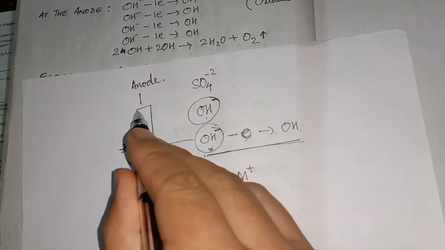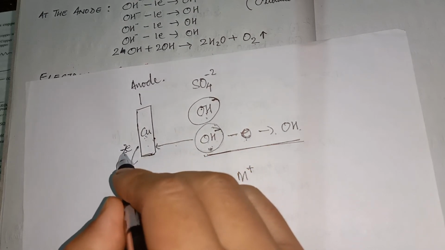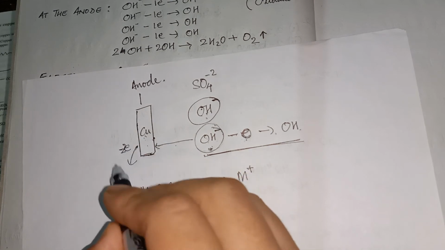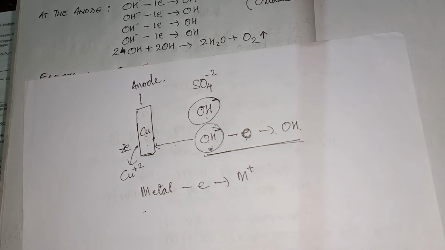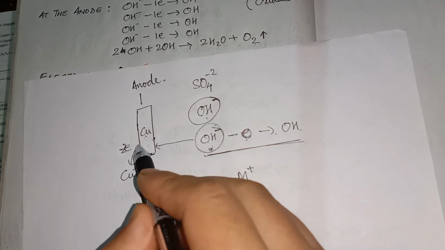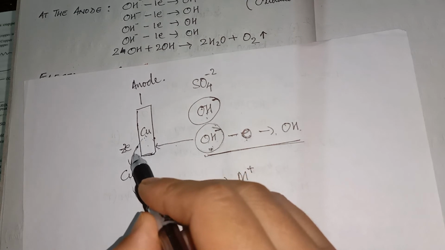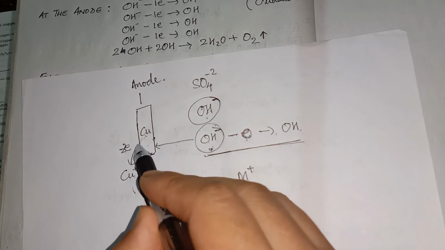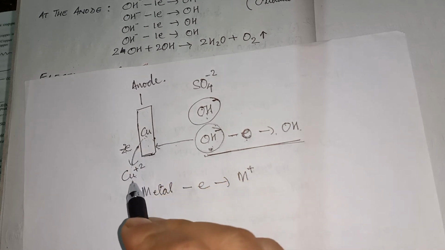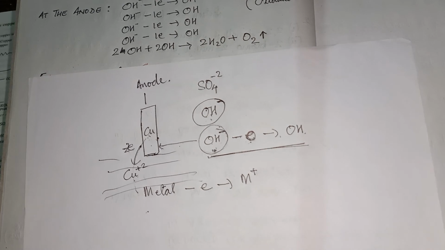So the anode itself undergoes oxidation and converts into copper ion. And this copper ion now comes to the solution. From the anode, this copper ion gets released by the loss of 2 electrons, and gets mixed up with the electrolyte.